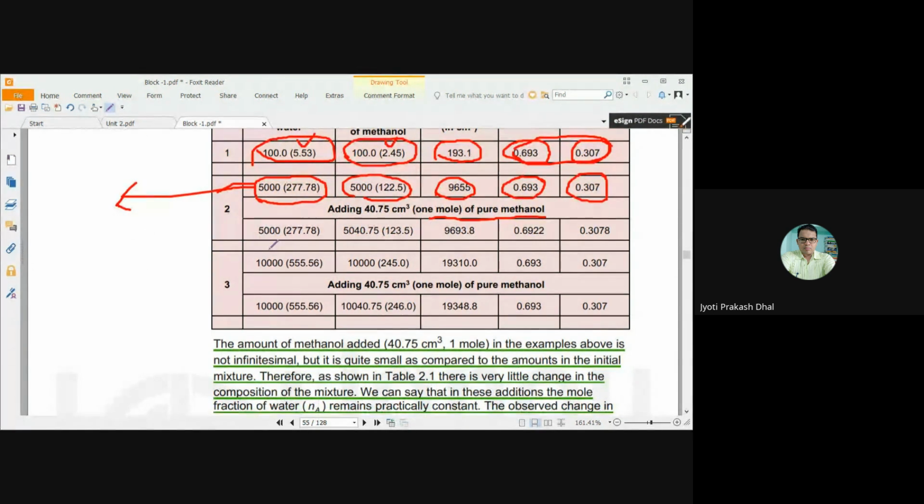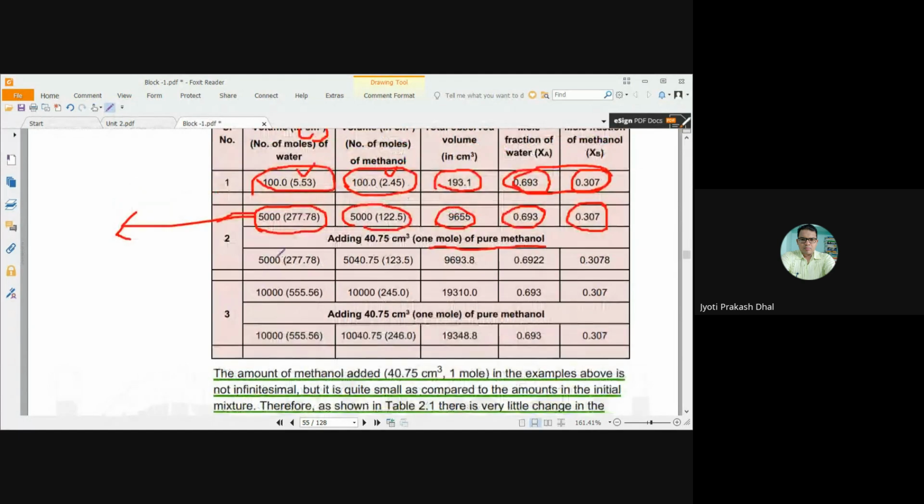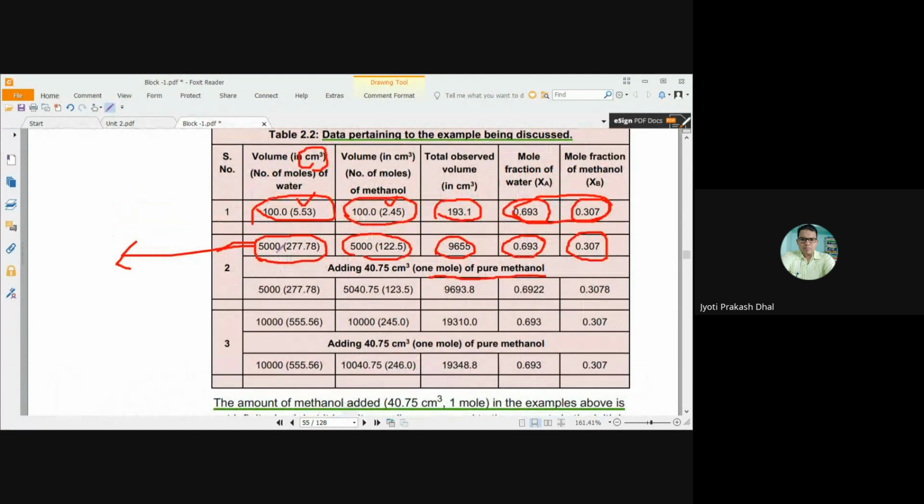If we add 1 mole of methanol, then the volume of water will not change, that is 5000 ml, which is 277.78 moles, and the volume of methanol will change from 5000 to 5040.75 ml, that is 123.5 moles.